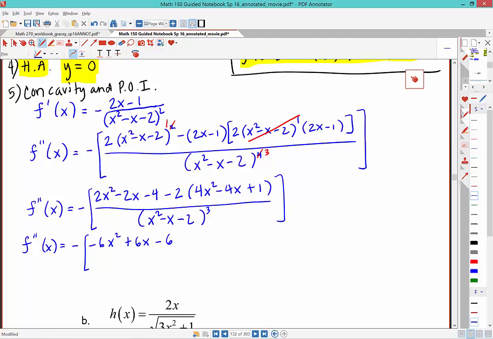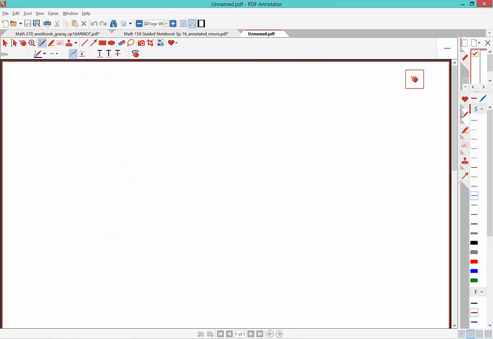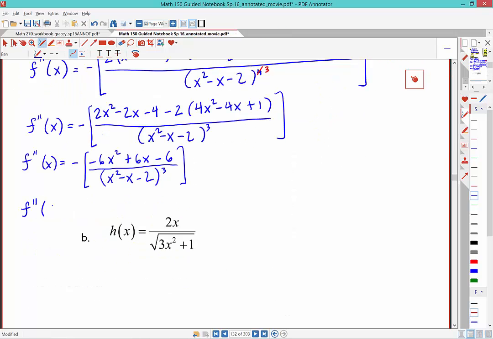Does this look okay? Looks good to me. All over x squared minus x minus 2, the quantity cubed. So those two negatives will turn positive. f double prime at x would end up being, so if we factor out a negative 6, we'd end up with a negative 6 times x squared minus x plus 1 all over x squared minus x minus 2, the quantity cubed.